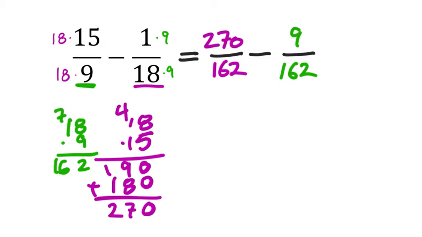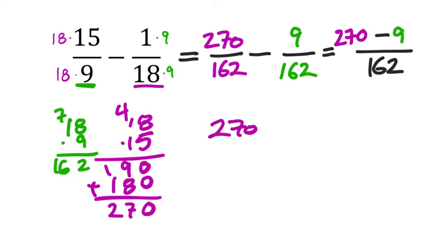And by using that method, again, we have forced the denominators to be the same at 162. But I still need to perform the subtraction of the numerators, 270 minus 9. So let's go and do that subtraction over here. 270. I know not everyone needs it, but I'm showing it because it's good practice. 270 minus 9, I'll need to borrow from the 7.